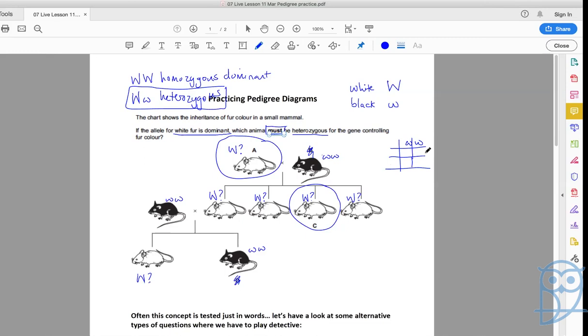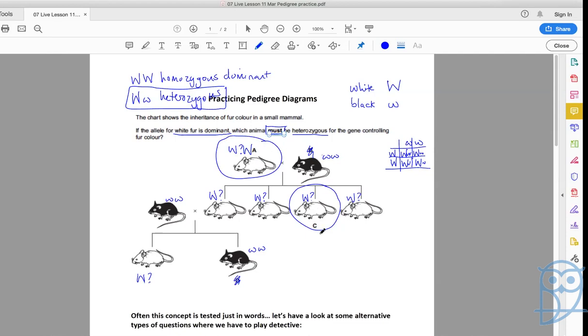Okay. All of these babies are white, so they've all got a capital W in them. Which means when we add in our little w's, we needed a capital W in both, which means that mouse A must be capital W, capital W in order to get our genotypes that we can use in this cross.